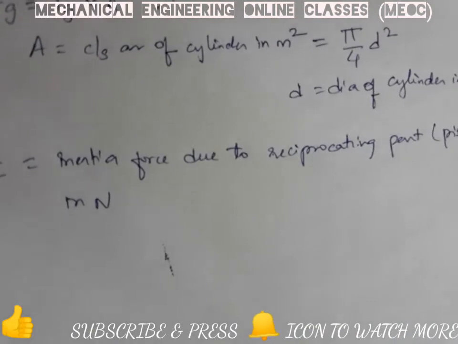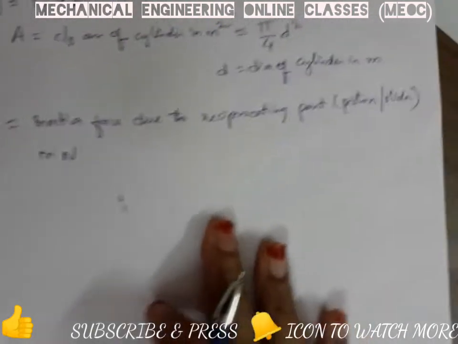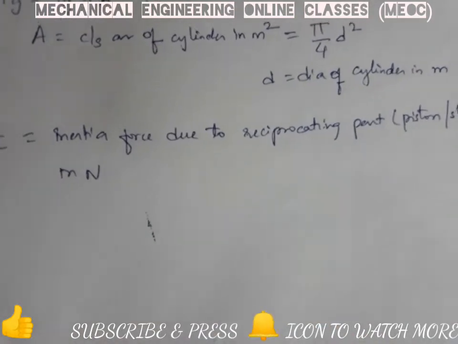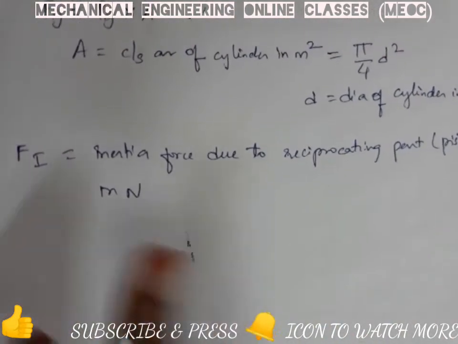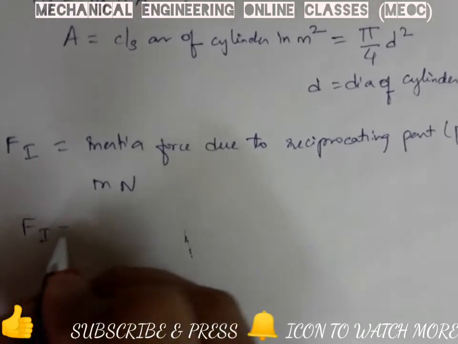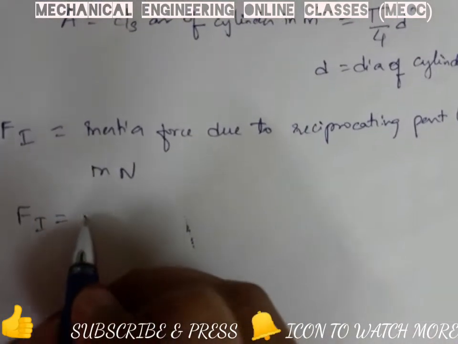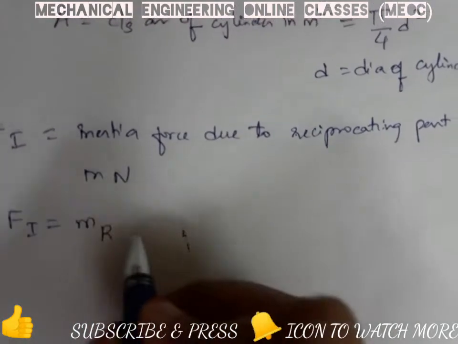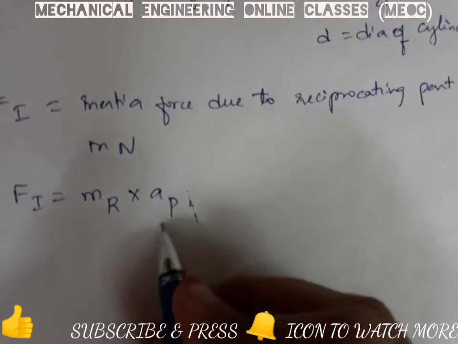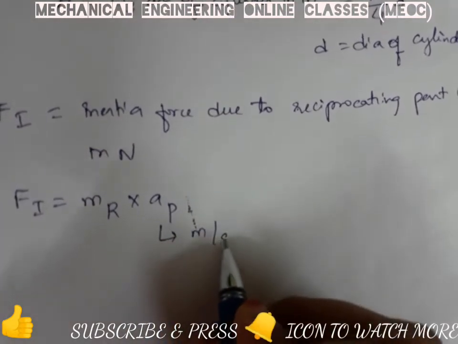In static force analysis, we consider the mass of reciprocating parts. We will not consider the mass of connecting rod. So we will have Fi due to piston. So Fi can be written as mass into acceleration, mass of the reciprocating part Mr into acceleration of piston AP. So let this be taken in meter per second square.